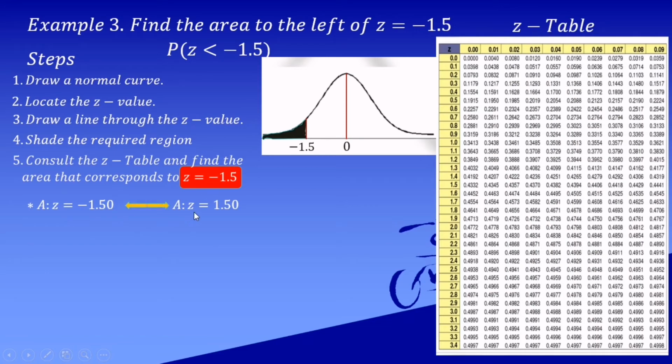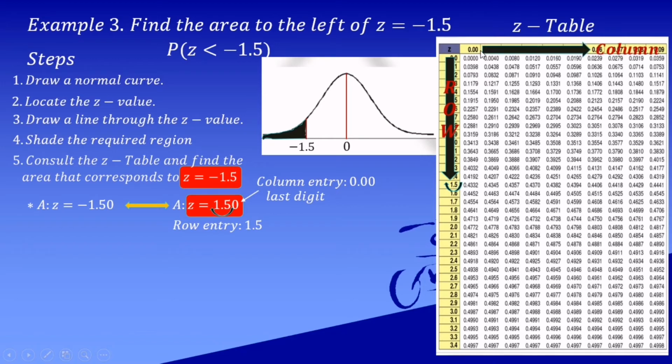Okay, since this is negative, ignore natin yung negative, then we are using z equal to 1.5 sa ating z table. So ang first 2 digits, yan ang ating row entry, 1.5. And for the column entry, yung last digit natin, that is 00.